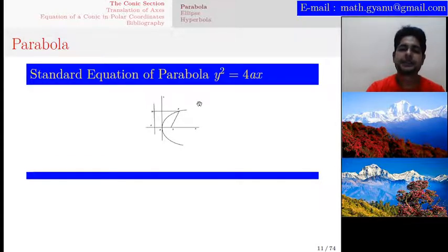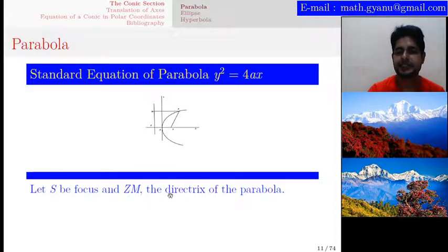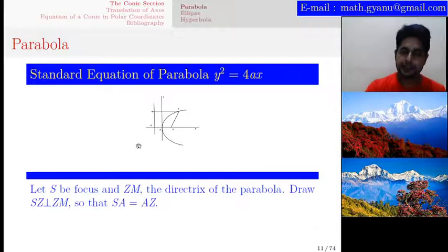Let's begin with the definition of parabola to define the terms and components. Let S be the focus and ZM the directrix of the parabola. Draw SZ perpendicular to ZM, that is, the x-axis, so that the distance SA equals AZ.